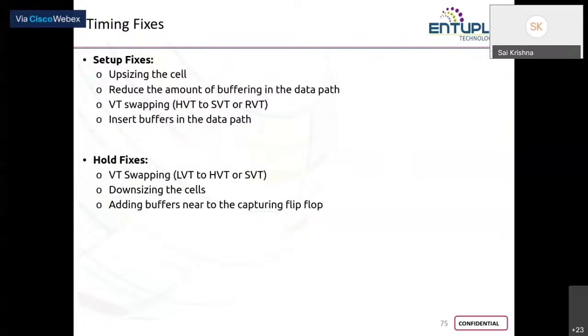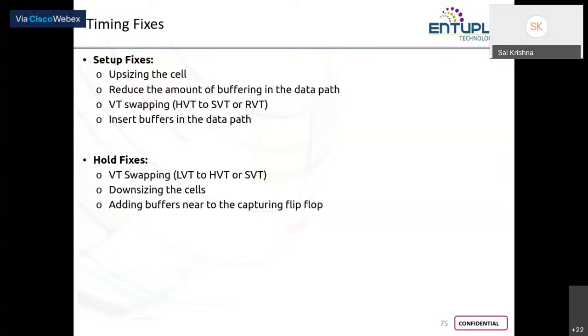So in case you have a negative slack for setup or hold, how could you actually fix it? First, let's talk about setup. As I earlier told you, you can upsize or downsize your cell. That means you are changing the driving strength of your cell, which will affect your timing, right? For setup, it is required time minus arrival time. That means to move your slack towards positive, you have to reduce your arrival time.